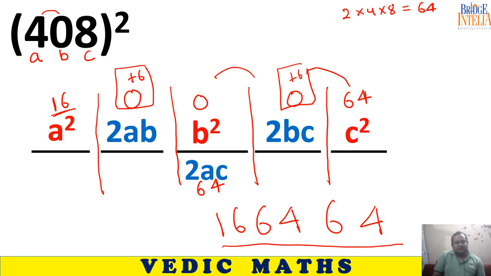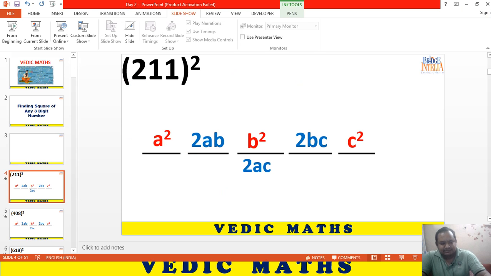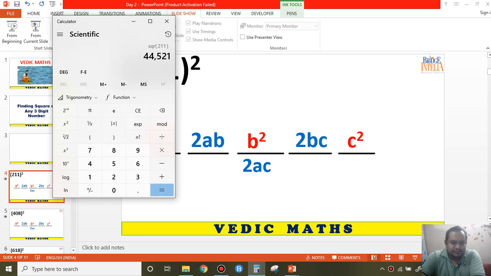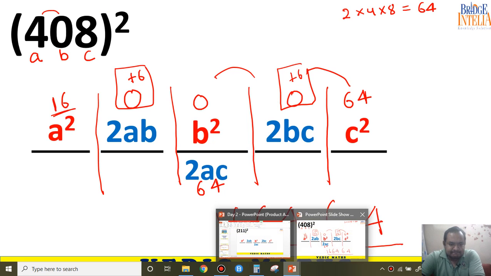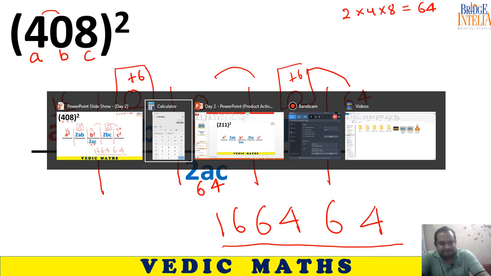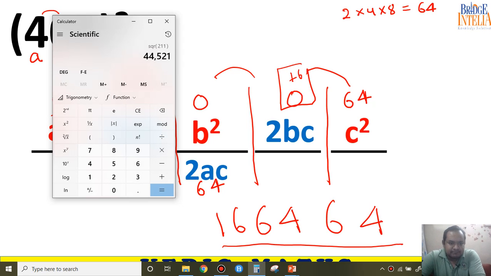So final answer is 166464. Let us verify this as well. So question is 408 whole square. So 166464, you can see the answer matches.